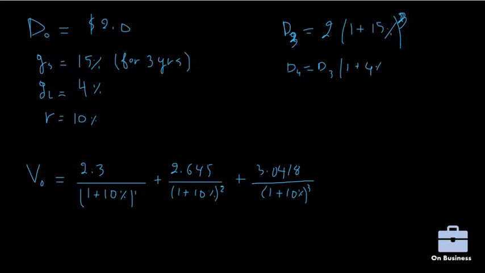Okay, and then to get the terminal value, I will have to divide this D4 by r, which is 10%, minus the g long-term, which is 4%.